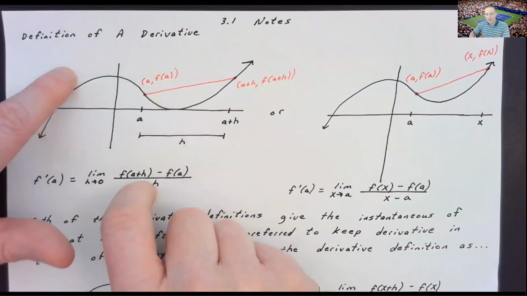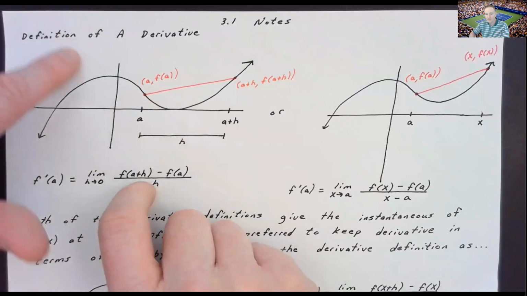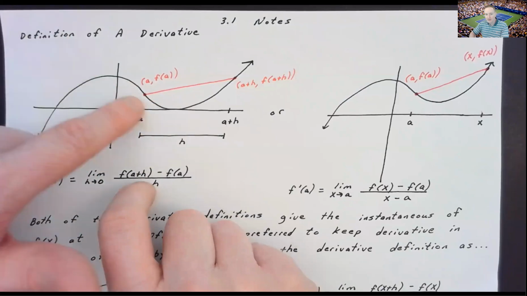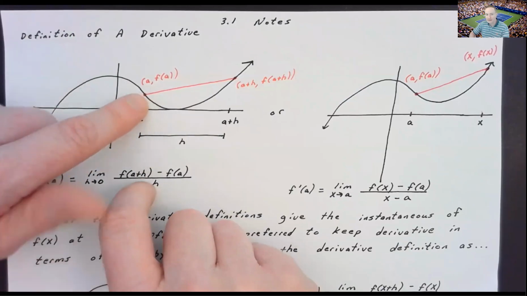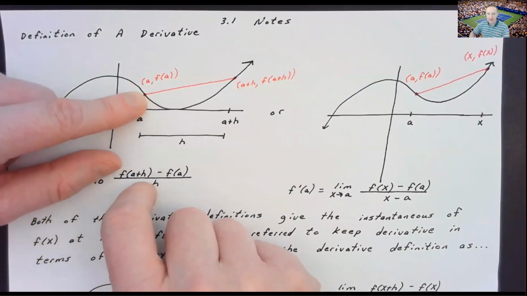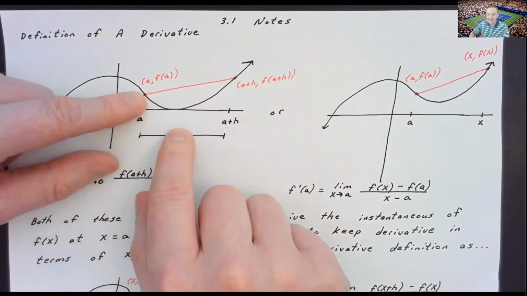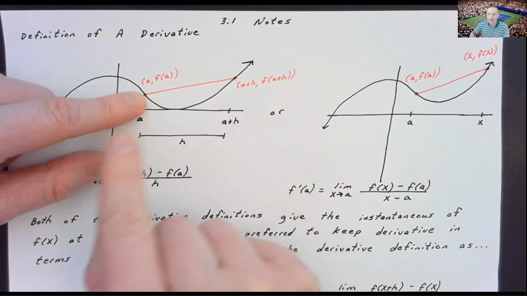If you think about what y equals negative x looks like, it has a slope of -1. This has about a slope of -1, I would say. If I were just guessing what f prime of a is, I'd say, looks like it's about -1. But instead of guessing, we want to be able to find exactly what it is at that instant.